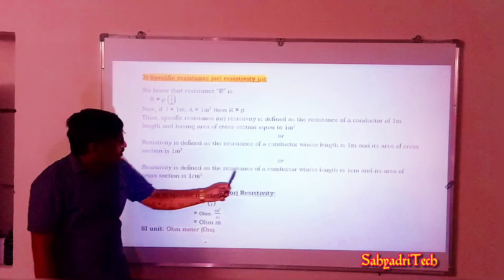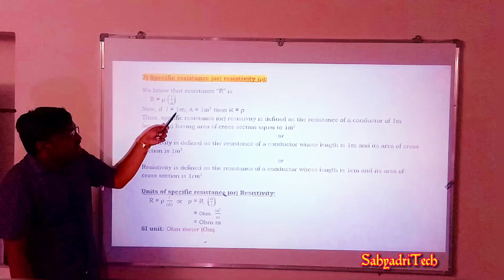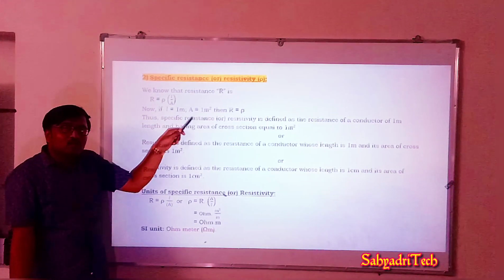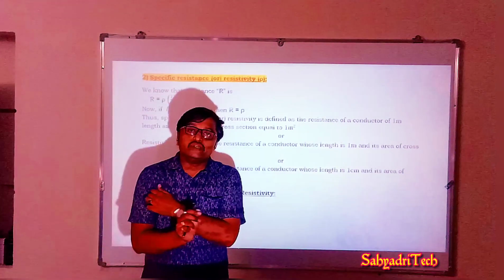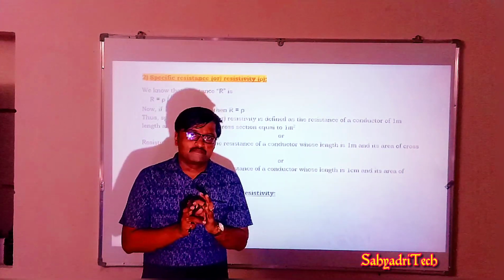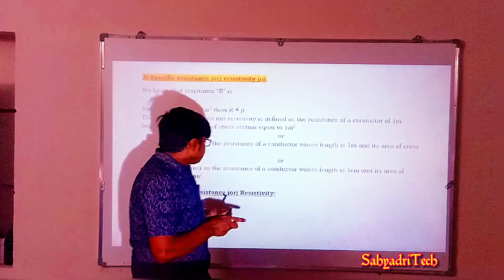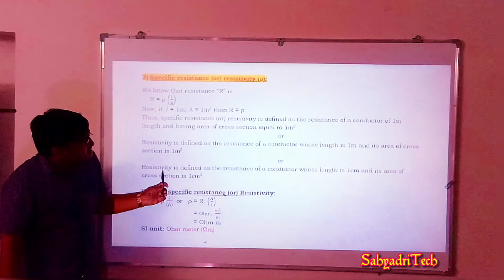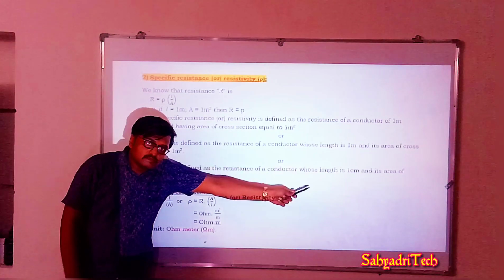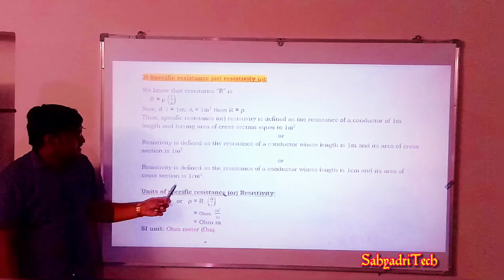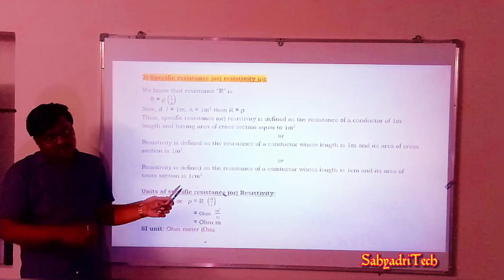Or one more way, instead of 1 meter, we can even consider 1 centimeter. Generally, I can say unit length and unit area of cross section. Resistivity is the resistance of a conductor whose length is 1 centimeter and its area of cross section is 1 centimeter square.